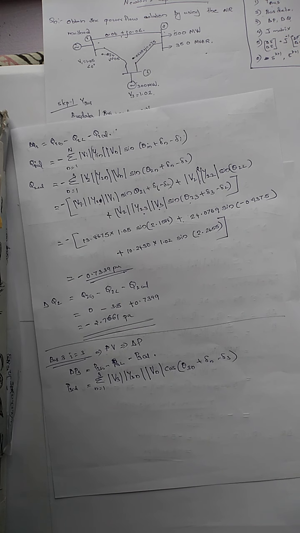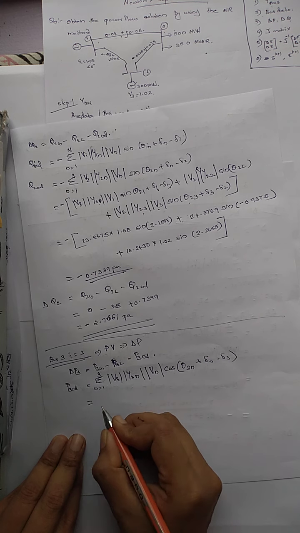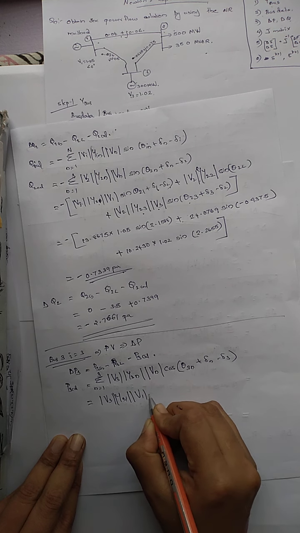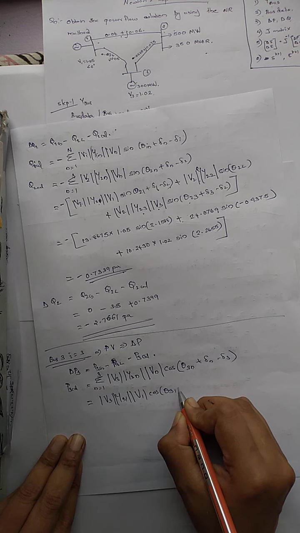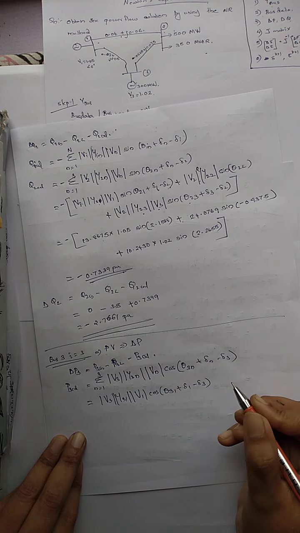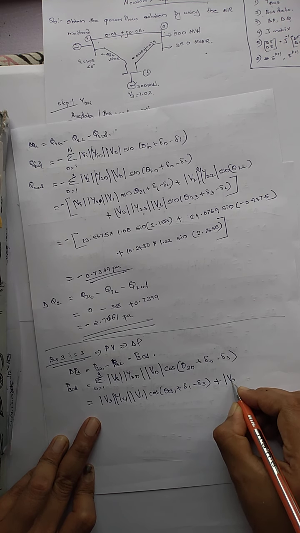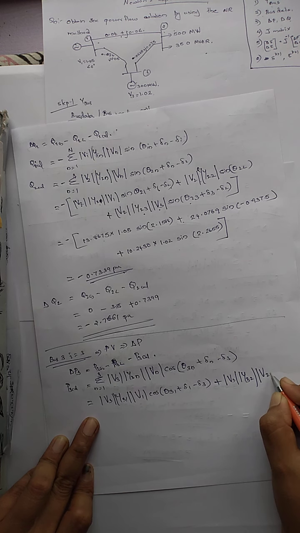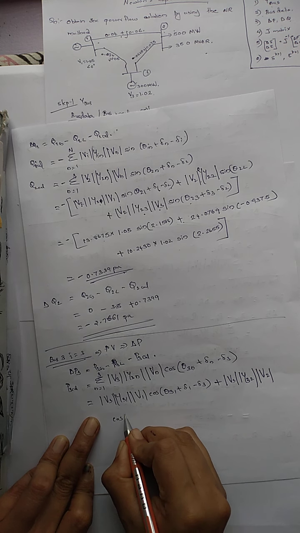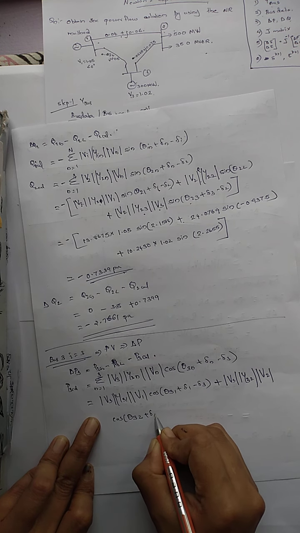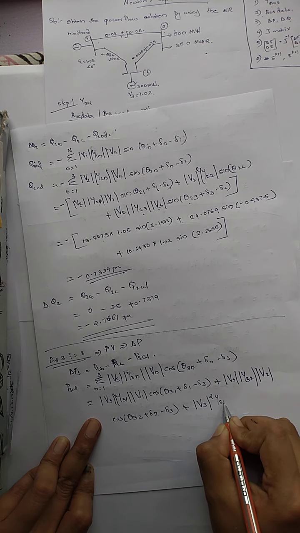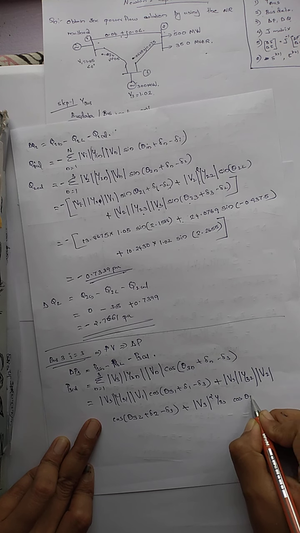So this is the equation, and we have to substitute the values: V3 Y31 V1 cos of theta 31 plus delta 1 minus delta 3, plus V3 Y32 V2 cos of theta 32 plus delta 2 minus delta 3, plus V3 square Y33 cos theta 33.